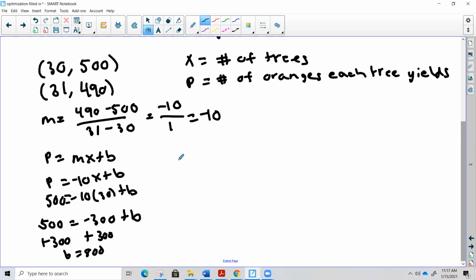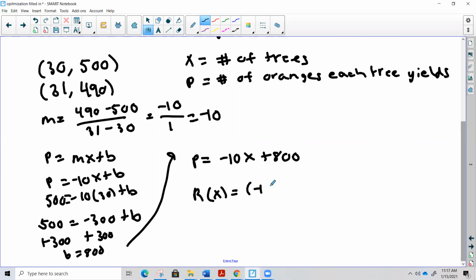So for my equation, P equals negative 10x plus 800. And then again, we said our revenue, we would take that and multiply by the number of trees, and the number of trees is just x.